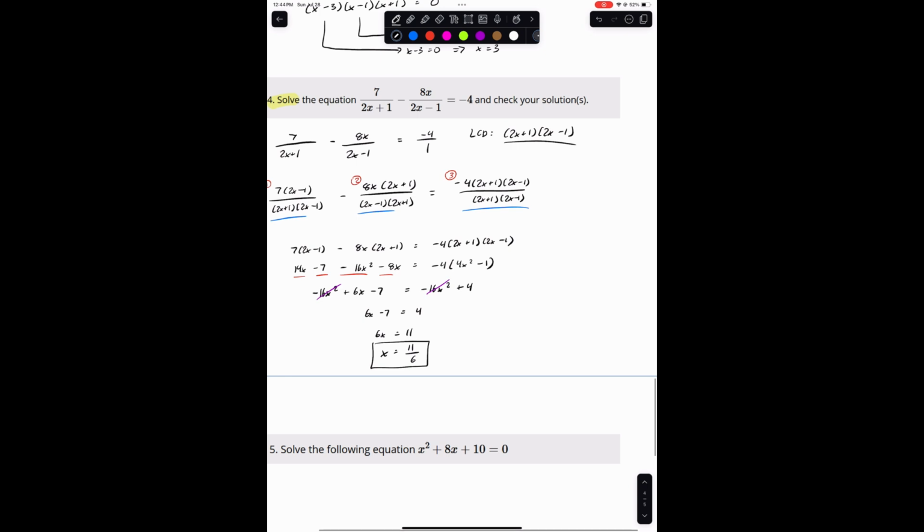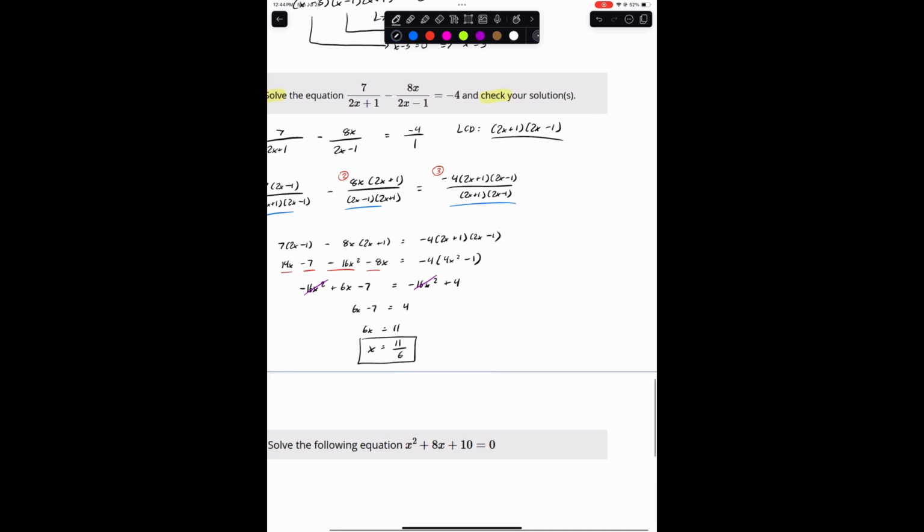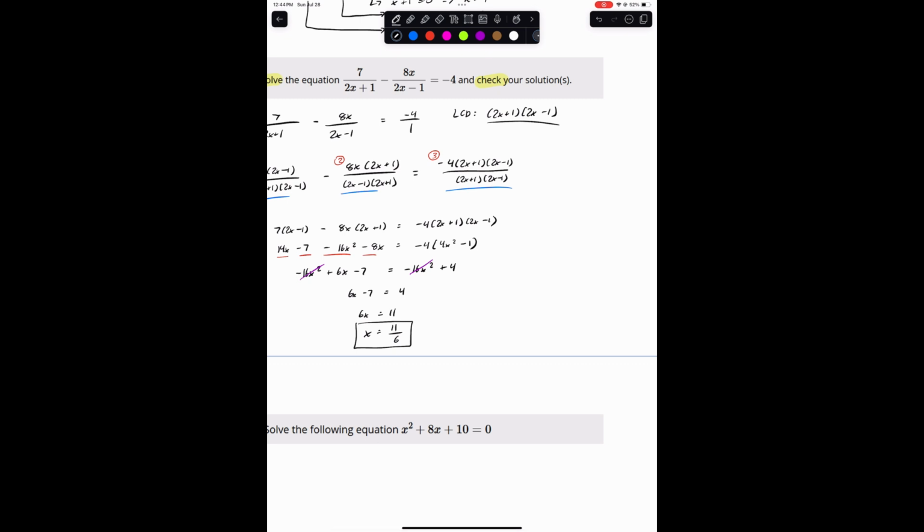They want me to check my solution, so this is going to be a little painful, but let's go ahead and do that. So 7 over 2 times 11 over 6 plus 1, minus 8 times 11 over 6, over 2 times 11 over 6 minus 1. Okay. We get 7 over 22 over 6, and we do plus 6 over 6.